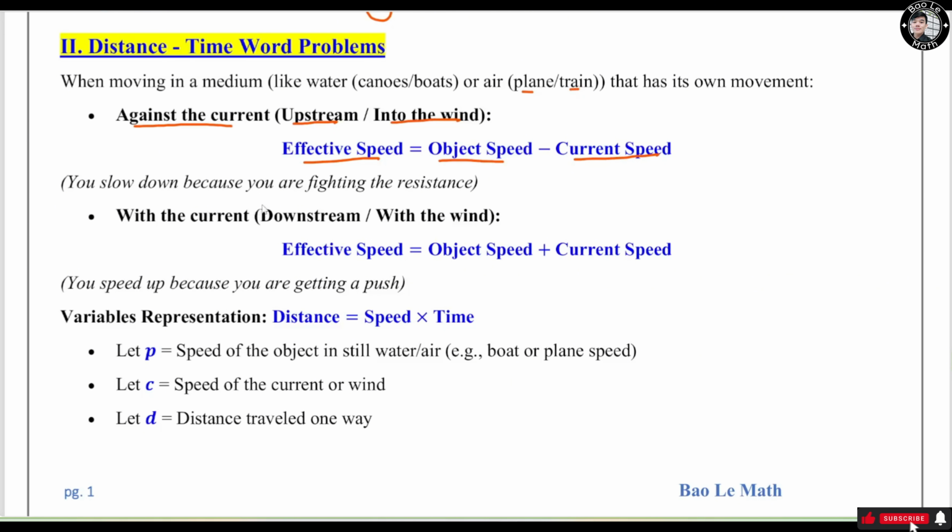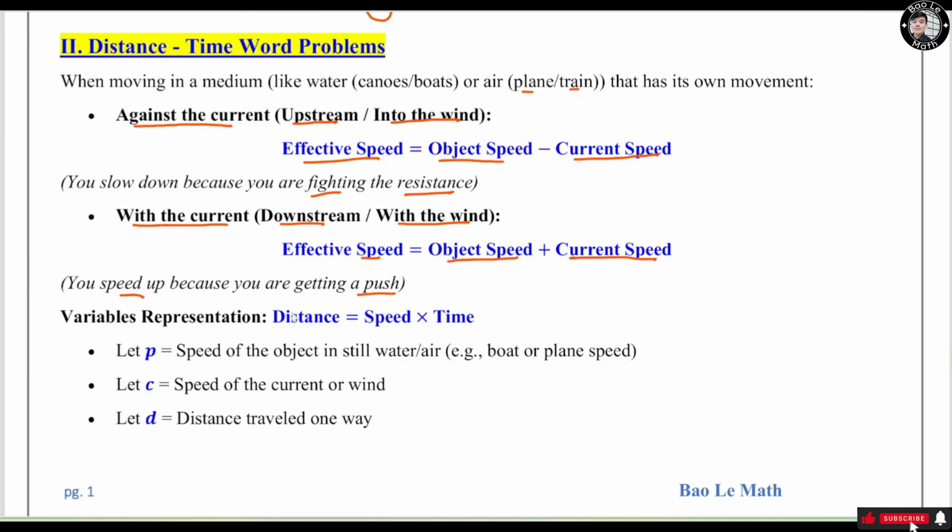You slow down because you are fighting the resistance. Now, when you move with the current or downstream or with the wind, the effective speed equals object speed plus the current speed. You speed up because you are getting a push.